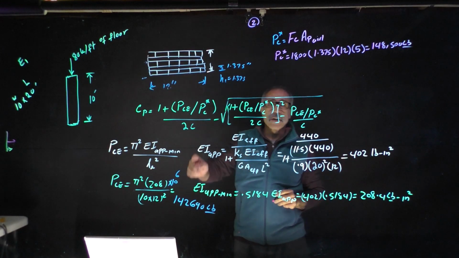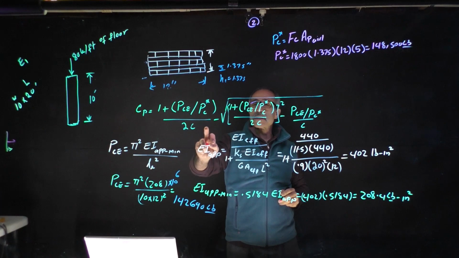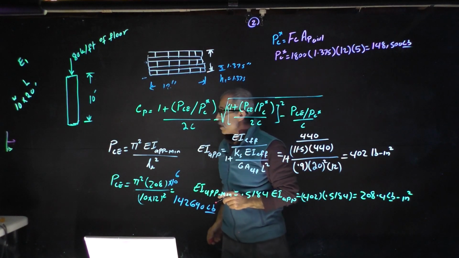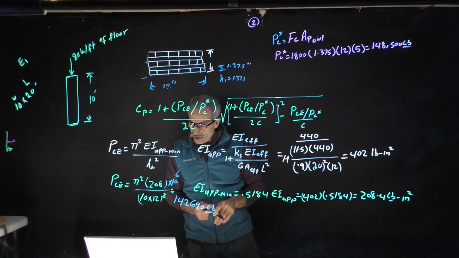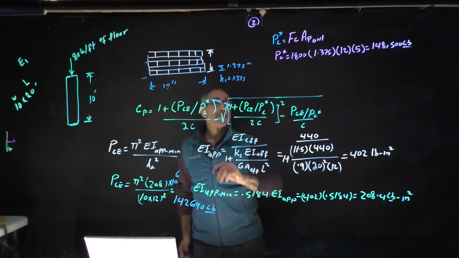Now I have this, and C is given by the code. It says right there 0.94 for CLT. So C is 0.94 for CLT.